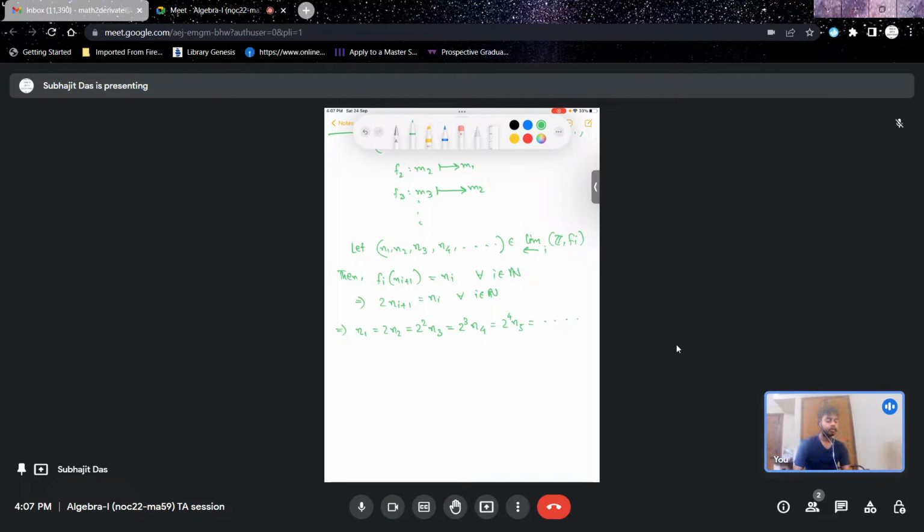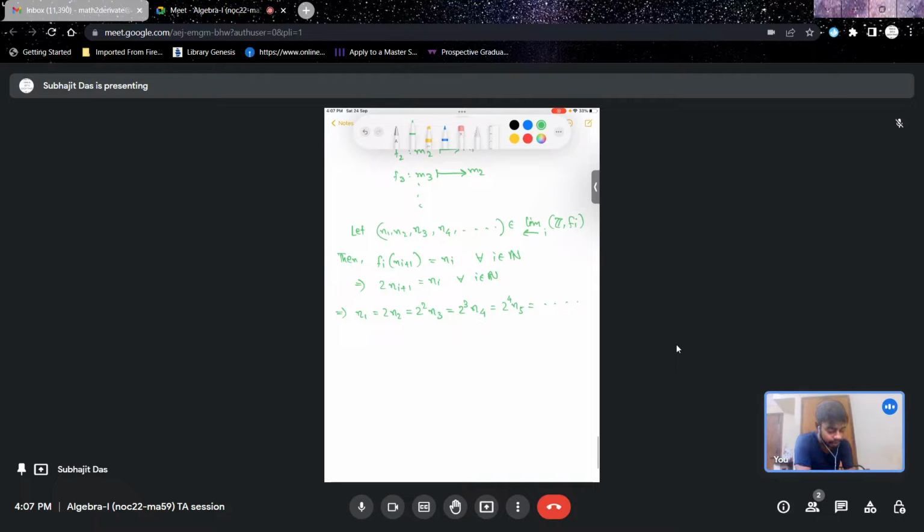It goes on, right? Everything is happening in Z, which implies that 2 to the power n divides n1 for all n greater than or equal to 1. 2 divides it, 2 squared divides it, 2 cubed divides it, 2 to the 4 divides it, and so on.